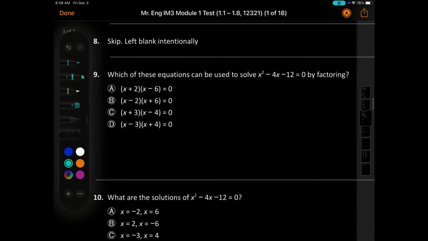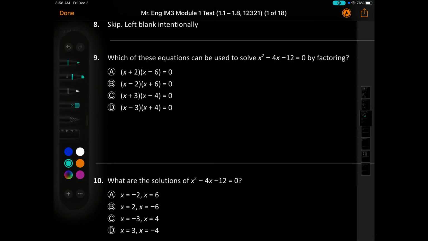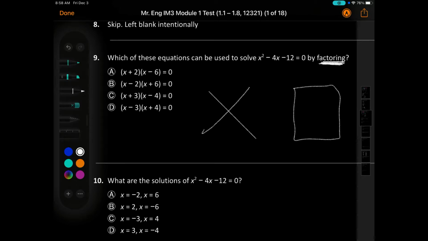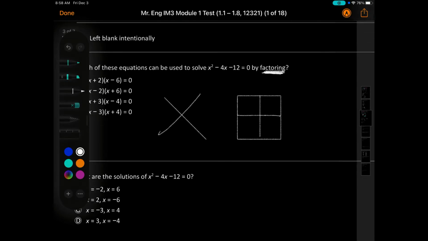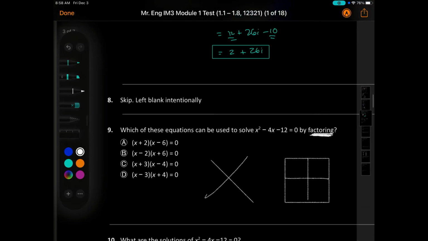Question 8 was skipped. Question 9, which of these equations can be used to solve x squared minus 4x minus 12 equals 0 by factoring? Remember, factoring is the easiest method, but doesn't always work. And we've been using this method called X-box, or area model factoring.